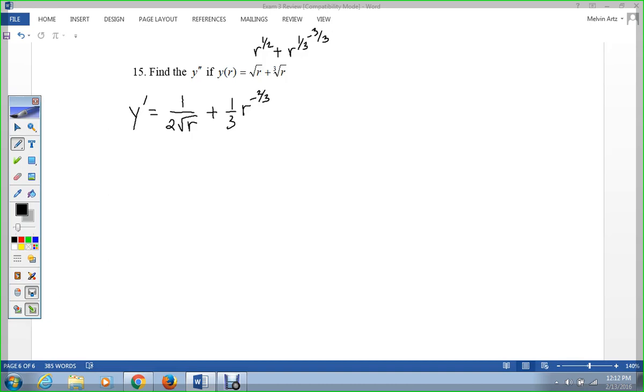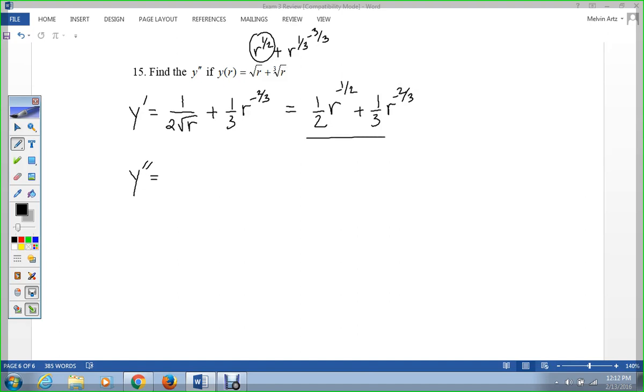So finding the second derivative, if we wanted to leave this in the form of, see, this one right here would be 1/2 r to the negative 1/2, and then we got plus 1/3 r to the negative 2/3. Now we're trying to find the second derivative.